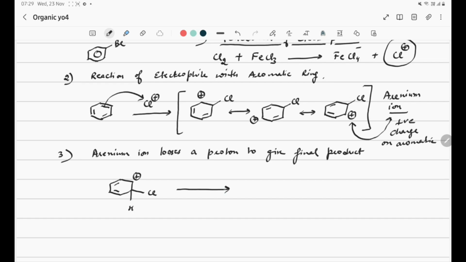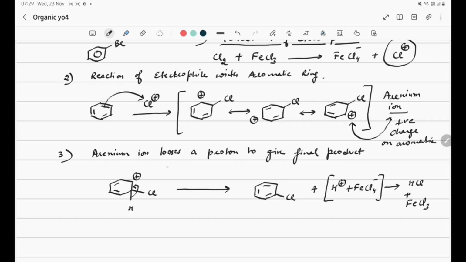Now this aryl ion loses this proton to give you the final product, which is chlorobenzene, and the H positive ion thus produced reacts with FeCl4 minus to give you HCl and FeCl3, which is the catalyst.